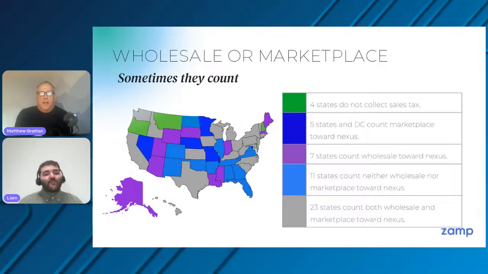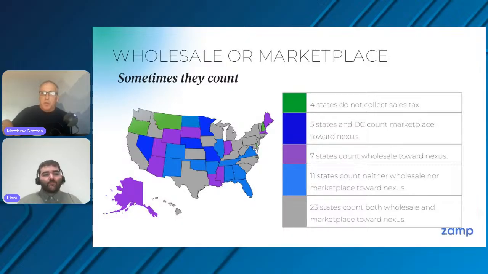Yeah, absolutely. So for states that count marketplaces towards nexus and you're selling on FBA, let me walk back a little bit. First, with FBA, you are potentially triggering inventory nexus, back to the physical side where Amazon houses your inventory. And I think they have distribution centers in 25 or 26 states, somewhere in that range.